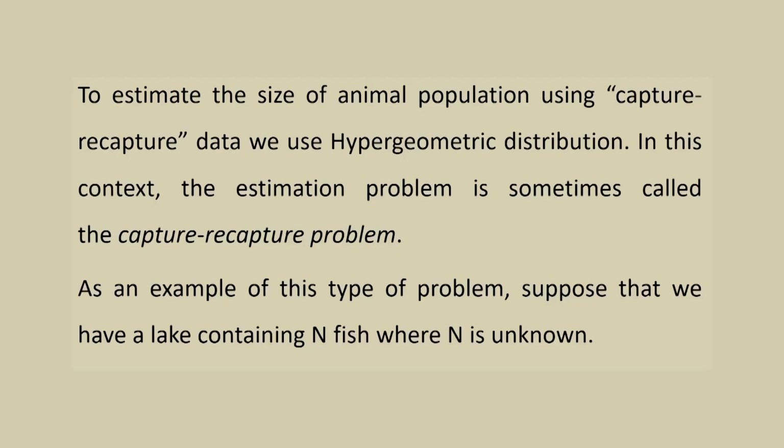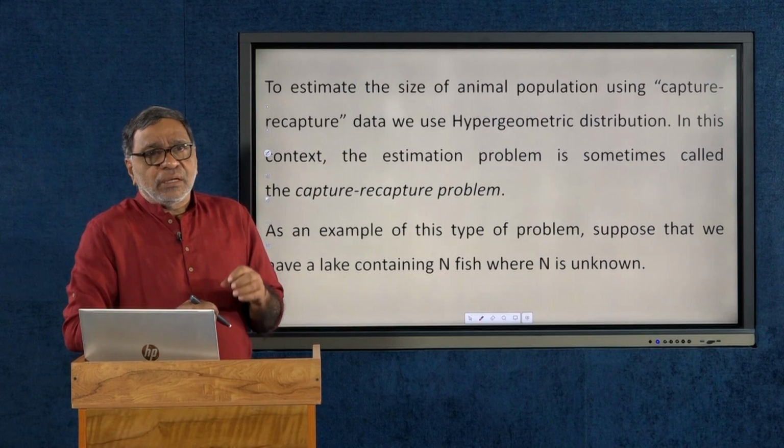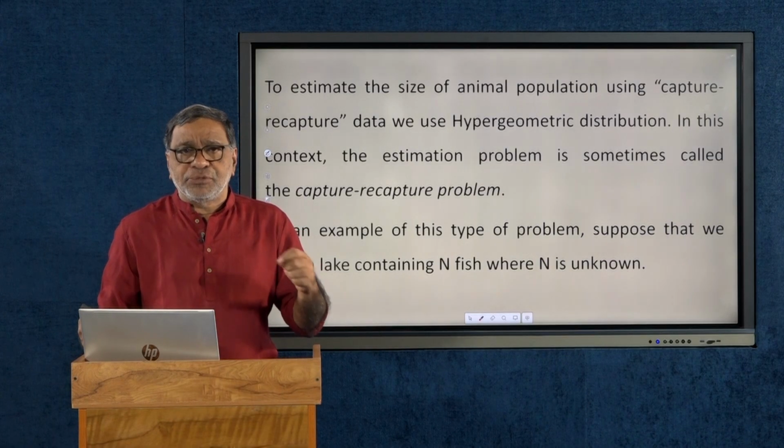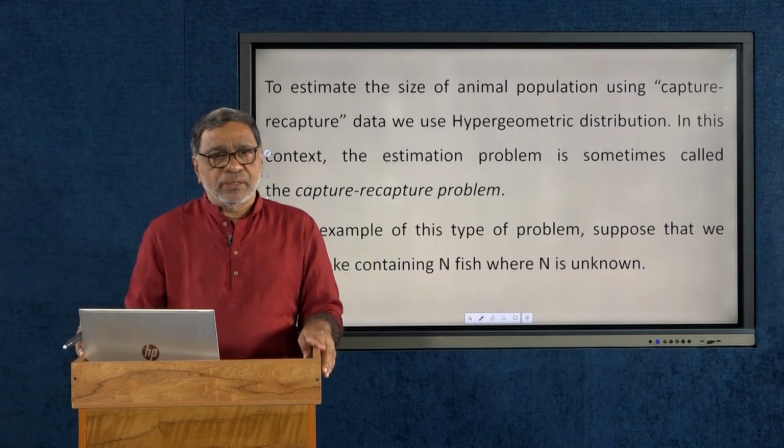To estimate the size of an animal population, we use the concept of hypergeometric distribution, and that problem is usually known as capture and recapture data. The method of estimating the size of an animal population is known as capture and recapture, and the estimation problem is sometimes called the capture-recapture problem.